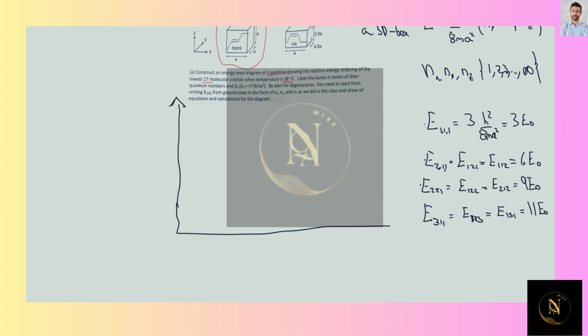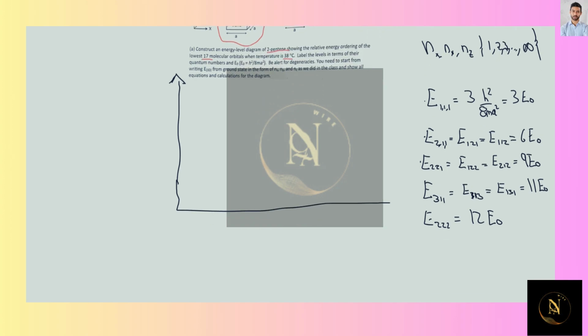Next up, we have the energy for the 222 state, which is not degenerate and would be 12 times the original energy, E0. And finally, we have the state corresponding to 321, which is equal to the state 312, the same as 231, the same as 213, also the same as 132, and the same as 123.